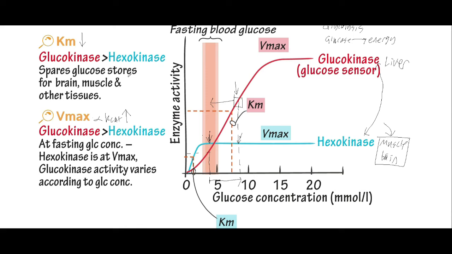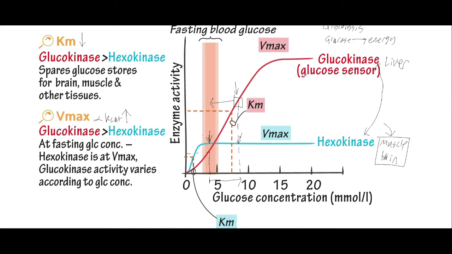That's the canonical way that's often talked about of how the differences in Km and kcat can be used in different parts of the body to regulate how different molecules, in this case glucose, are being metabolized.